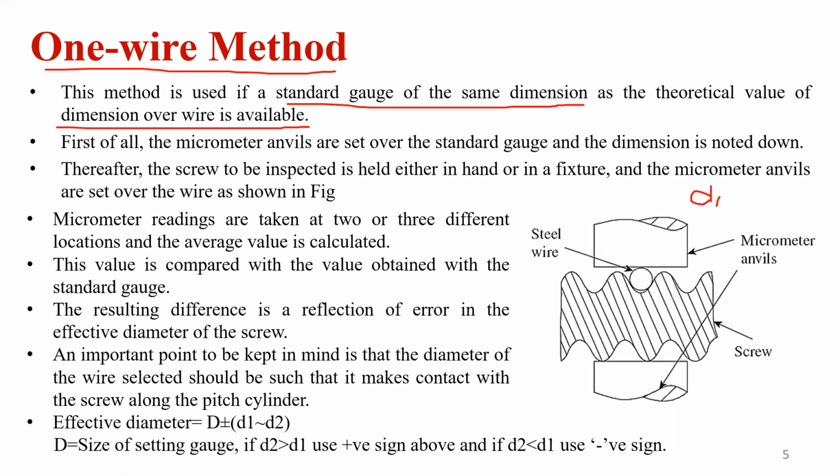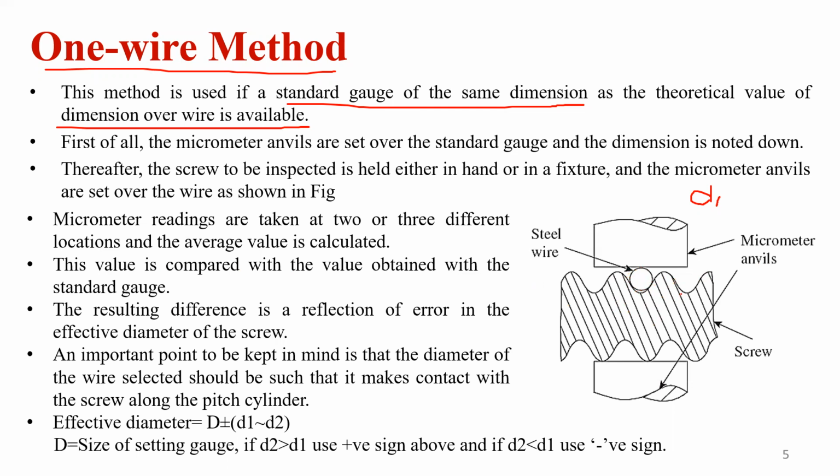After taking the dimension over the standard cylinder, the standard gauge is removed, and then we place the screw thread, and one wire is placed in the groove of the screw thread.